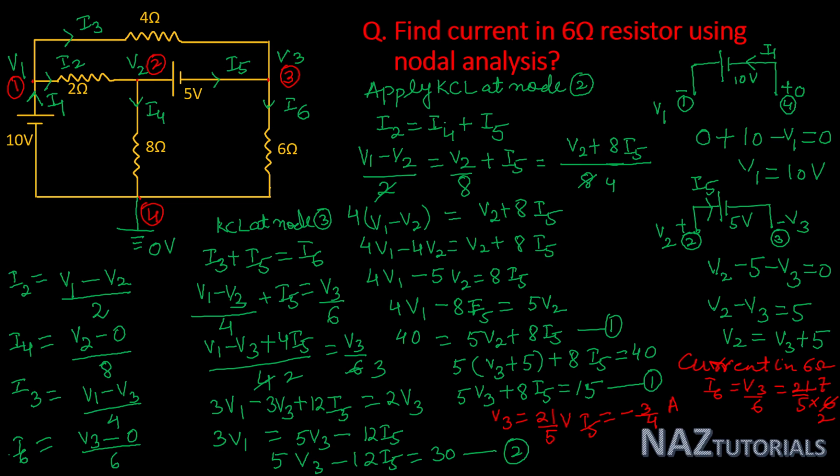So this is 7 by 10 ampere, as 5 2s are 10. This current is 7 by 10 ampere, or you can write 0.7 ampere. So this is our answer for the current in the 6 ohm resistor.